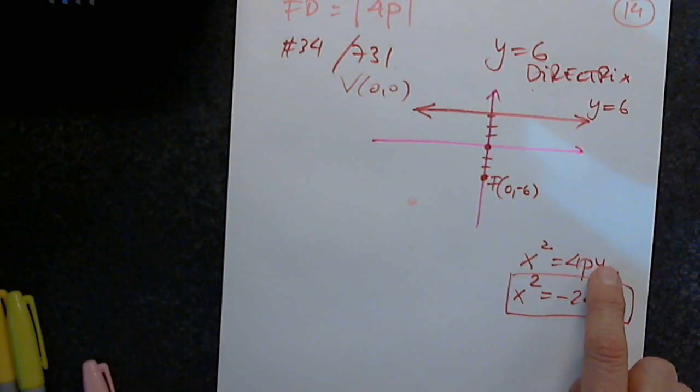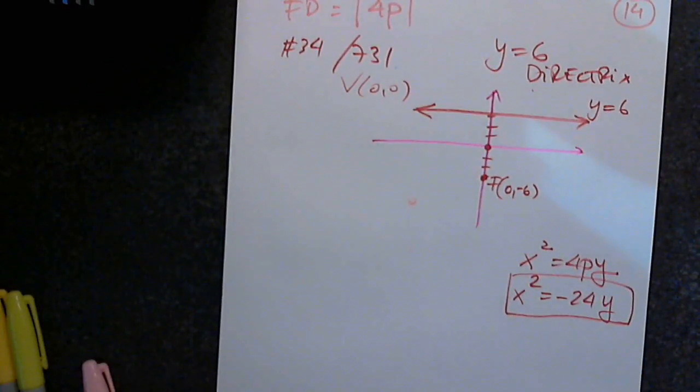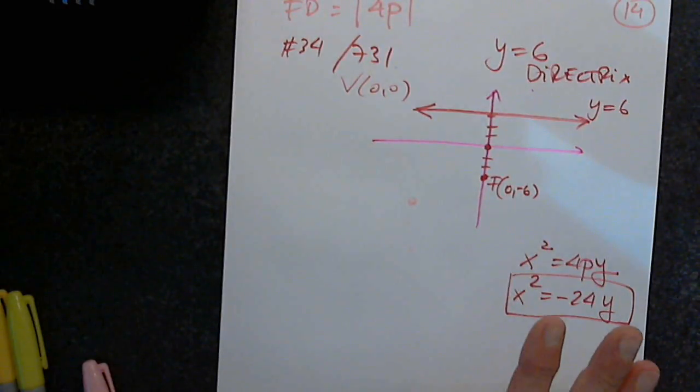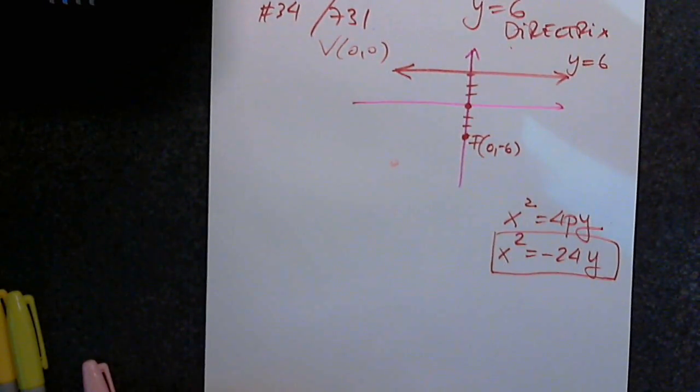This is multiplied. So you could divide by 4p, but this is the equation, it's times y. Very good. Yes, Nico, go ahead.